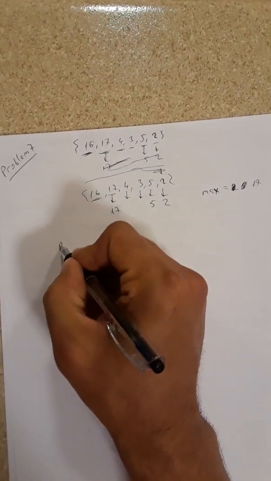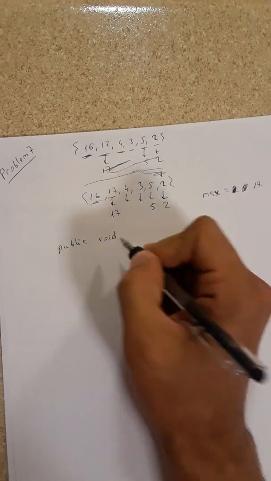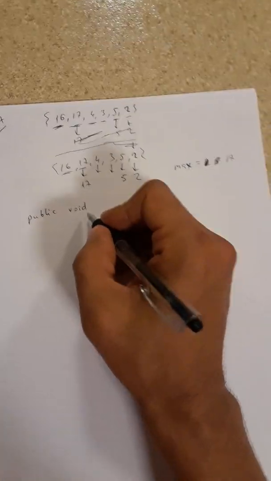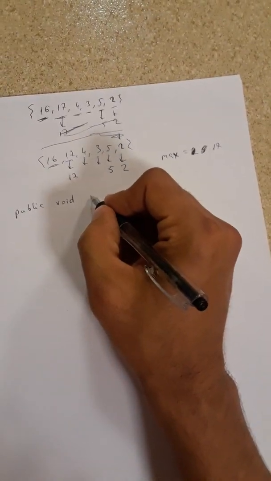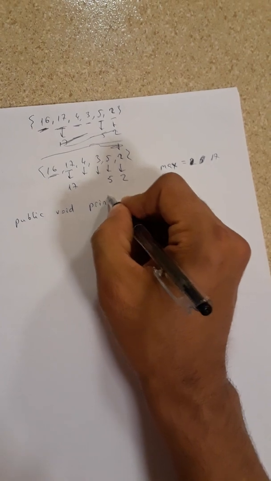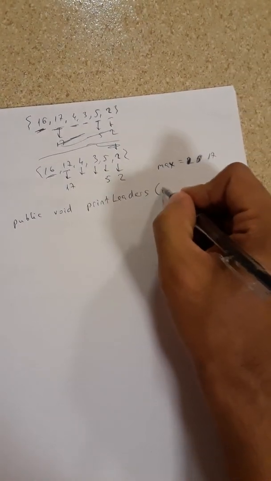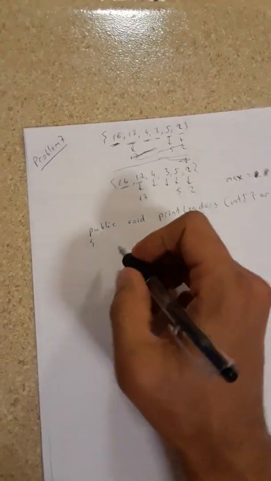So let's write a function. Since I'm not going to return any output, I will define it as void, and I will call it printLeaders. Input will be an array of integers.